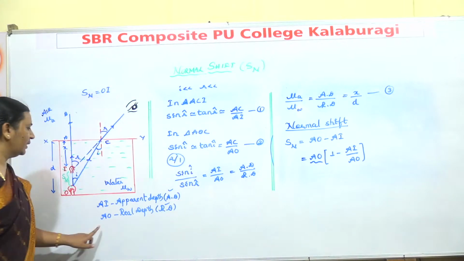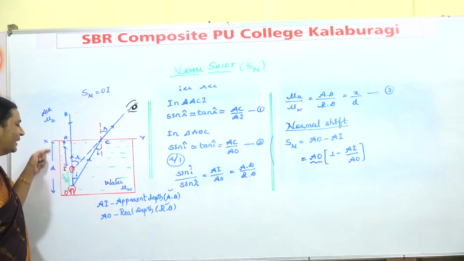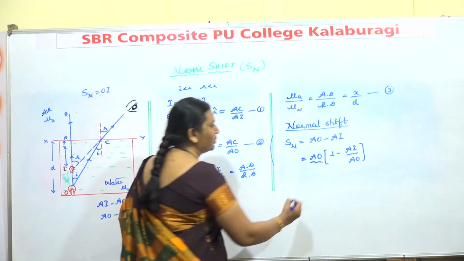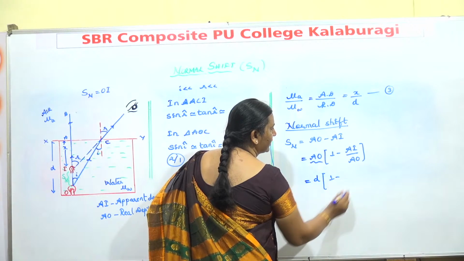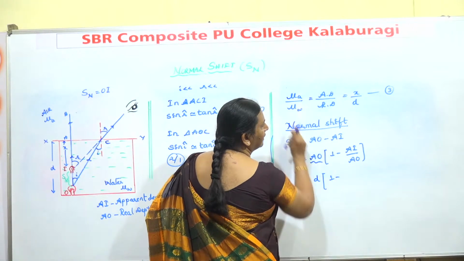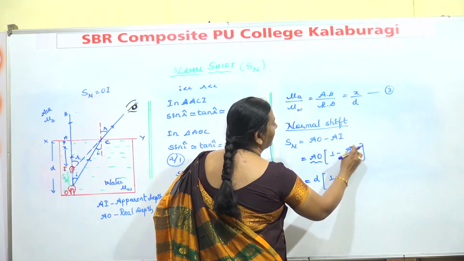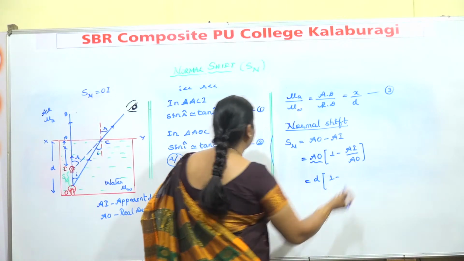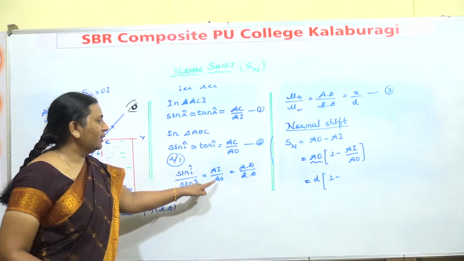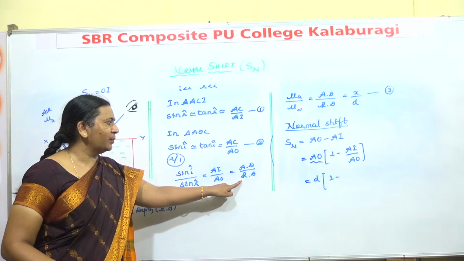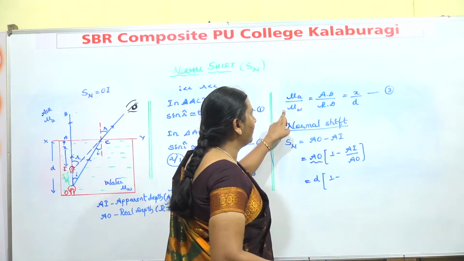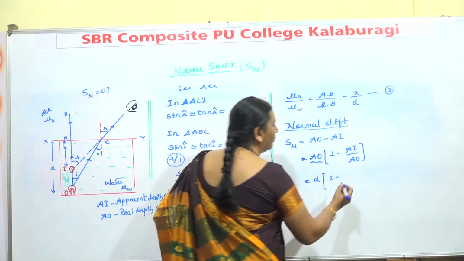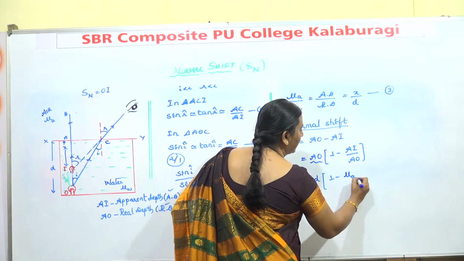AO is nothing but the real depth, which we have taken as D. That becomes D into 1 minus AI by AO. AI by AO is the apparent depth by real depth, which is nothing but sin I by sin R, which I write as mu A by mu W.